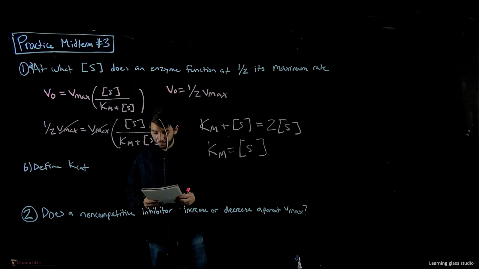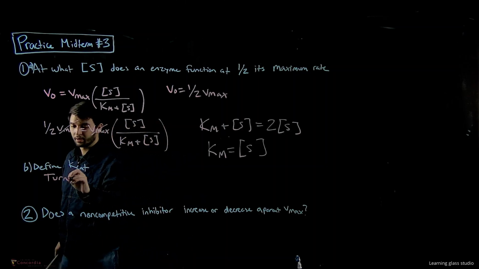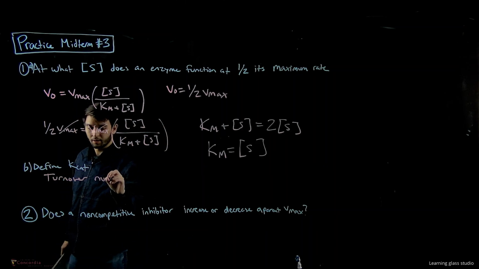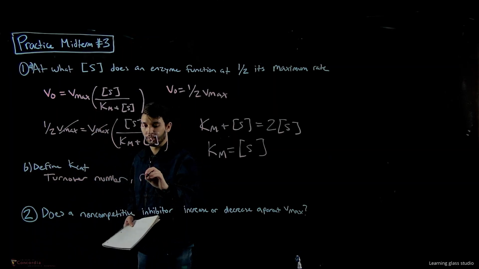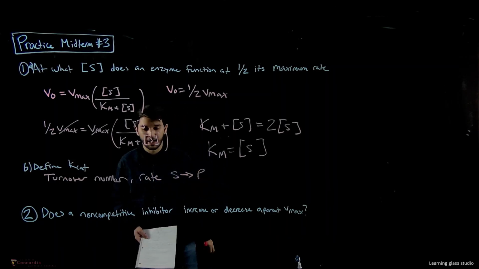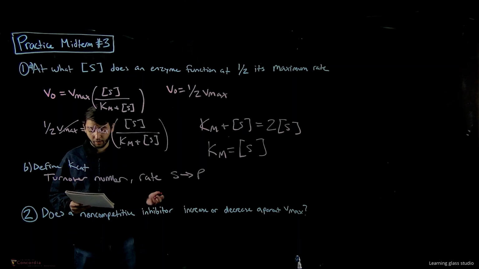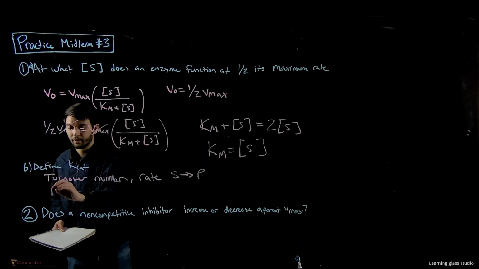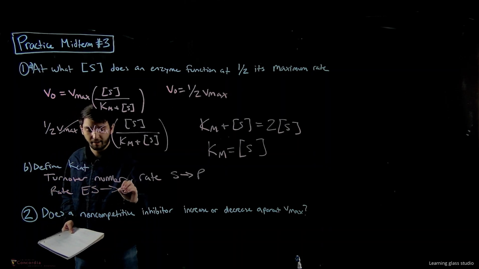Okay, so define Kcat. So this we know is the turnover number. That's the formal definition, but it's also the rate at which substrate is converted into product by an enzyme. So it's the rate of the dissociation of the enzyme substrate complex into enzyme plus product.